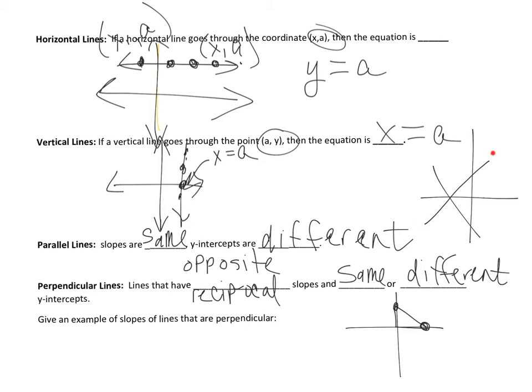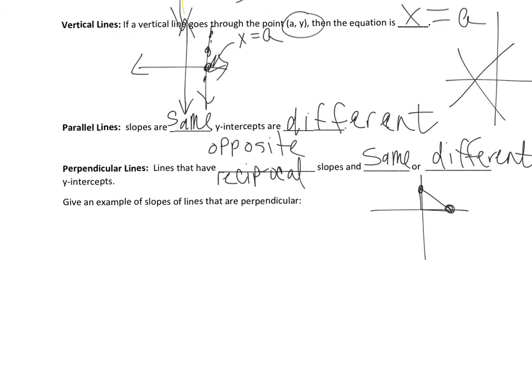It would still be perpendicular to this line, but would have the same y-intercept. Over here it has a different y-intercept, but it's still perpendicular. So just the fact that we can translate lines in a parallel way and they remain perpendicular, with the slopes not changing, they can have the same or different y-intercepts.